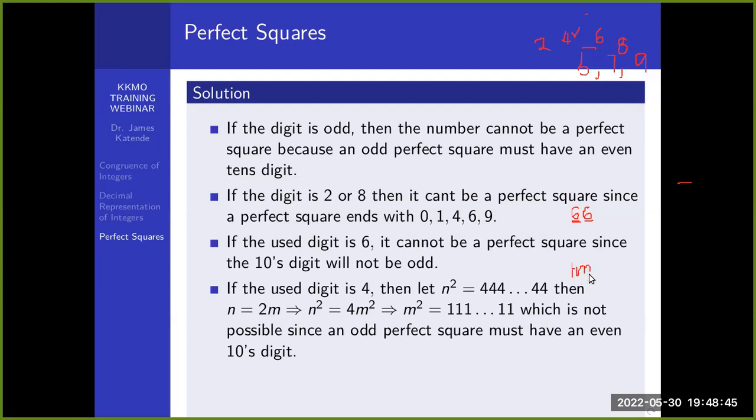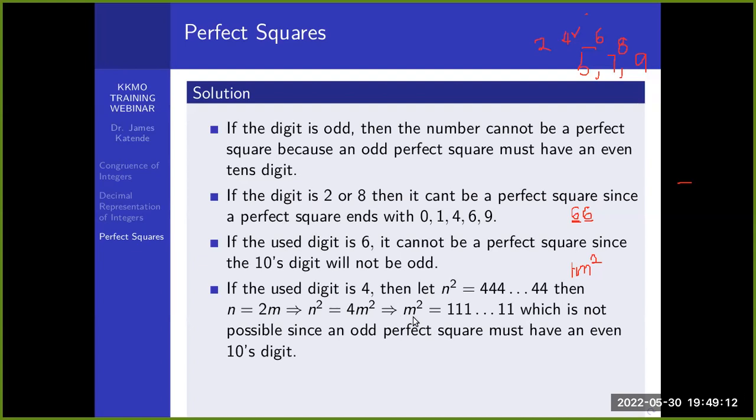So now when we write it in terms of m, if you divide both sides by 4, it tells you that m squared will be equal to this number which consists entirely of 1s. But this is a contradiction because this number cannot be a perfect square. We already checked in the first set that if a repeated digit is odd, then there is no way this number can be a perfect square.